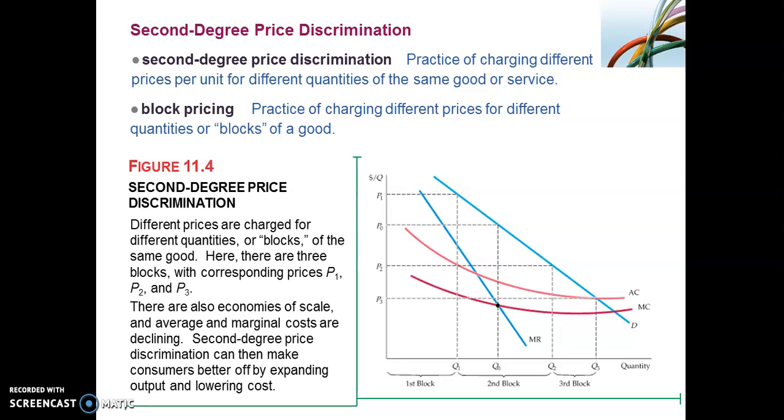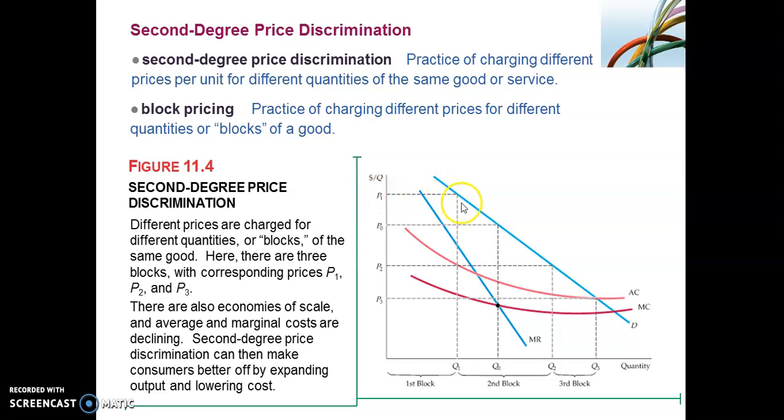Now, if there was a single price charged, then the price would be P0 and the output you can see would be Q0, right? However, there are 3 different prices for 3 different blocks. So here, different prices are charged for different quantities or blocks of the same good. Let's have a look at when price P1 is charged.